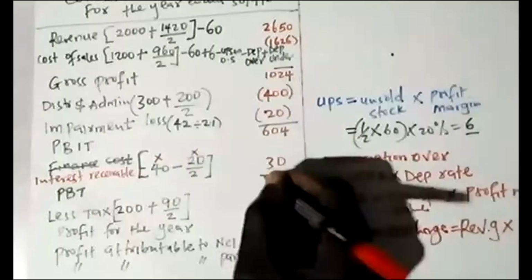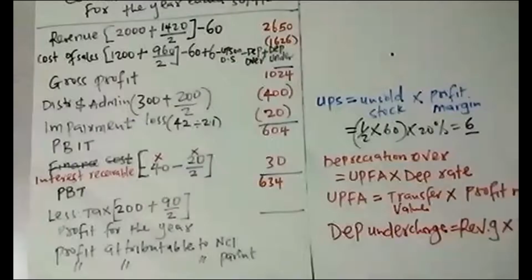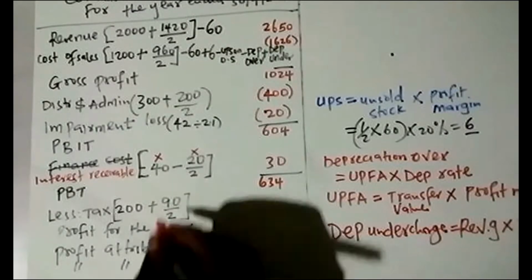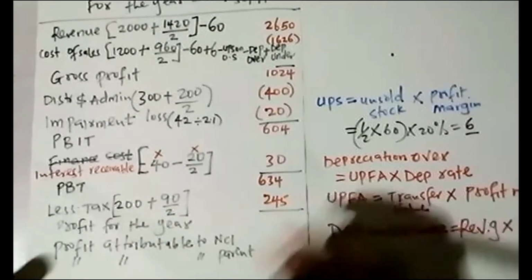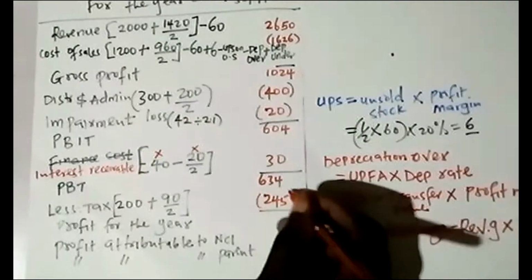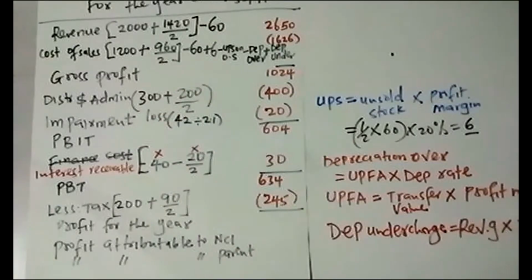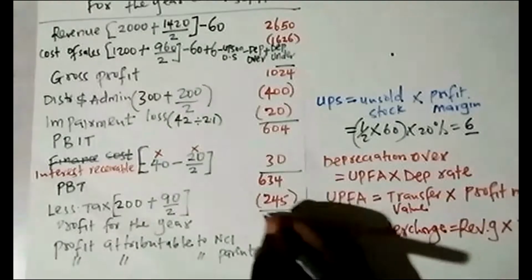If I add that, I'm getting 634. Then this is 45 plus 200, that is 245. If I take 634 minus 245, that is 389.